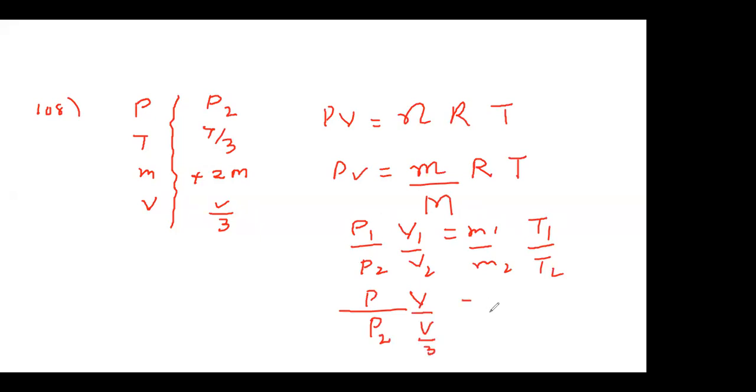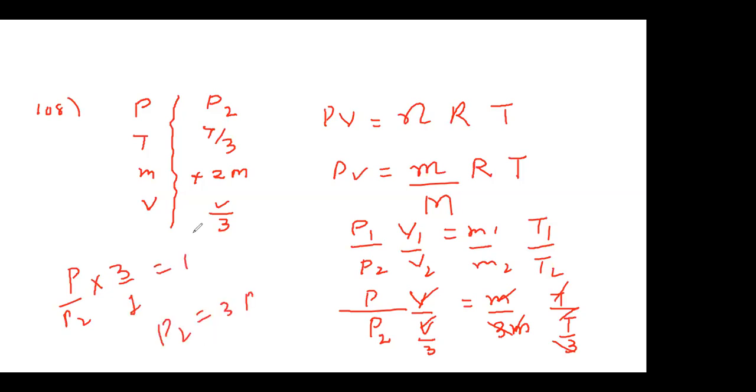First mass M, second mass 3M. First temperature T, second temperature T by 3. T, M cancel, V cancel. Here 3 by 3 will also get cancelled. So P upon P2 into 3 by 1 is 1. Therefore, new pressure is 3 times P.